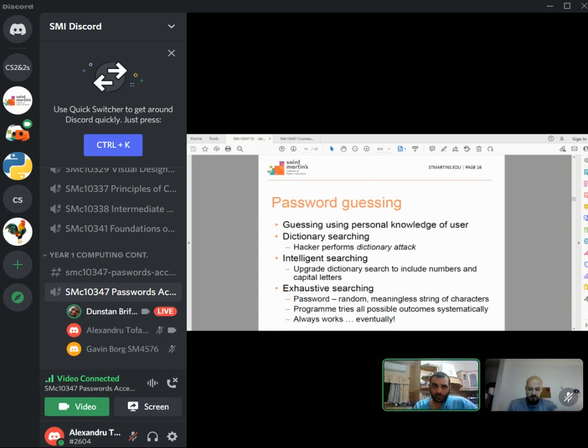In this respect, when it comes to the dictionary or intelligent searching, a bit of an advantage that we may have is when we know languages other than English. The English language is the main language targeted by hackers because it is more widespread throughout the world, so a dictionary attack is more feasible for them.